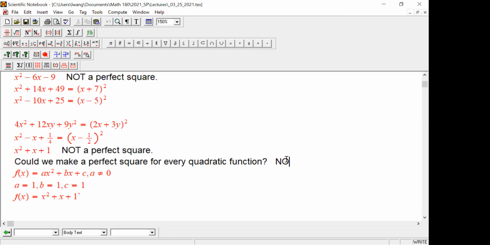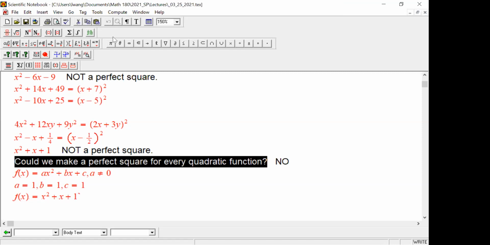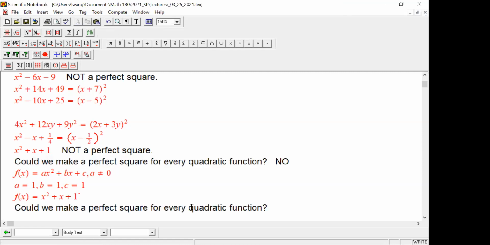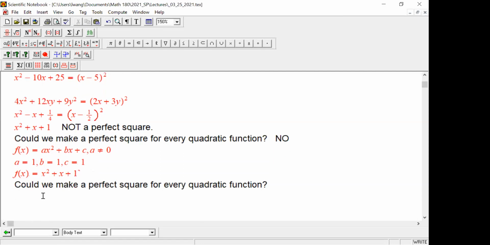Now, new question. I'm going to change the question. We know that the answer to whether we can make a perfect square for every quadratic function is no. Can we make a perfect square for part of a quadratic function?